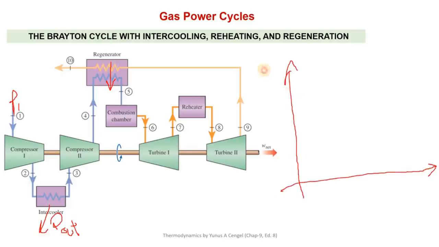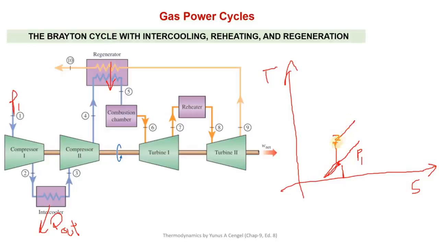The TS diagram for this complex gas power plant. So let's start from point 1, some low pressure. This is point 1 where, this is the pressure line P1. Now its pressure is increased till point 2 here, 1 to 2, compressor 1.